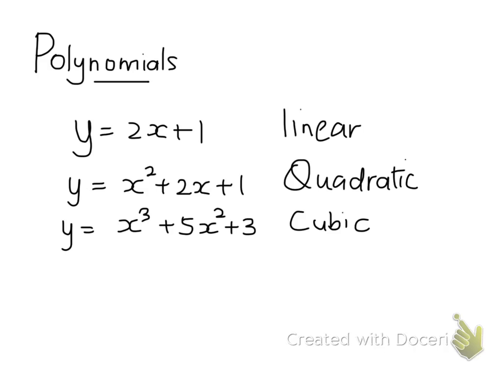Basically, these are the three common ones. Anything above that, you just call a polynomial, because there isn't a specific name for that. Of course, if you call a quadratic a polynomial, is it okay?